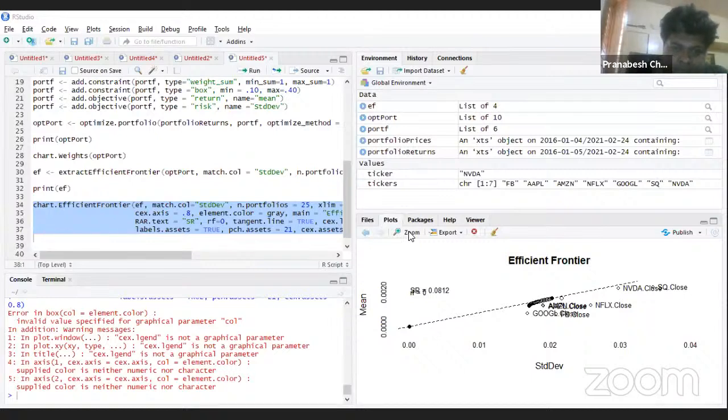If you see where the curve starts to get flattened out, that is the point that is your most efficient point, with the standard deviation and the mean corresponding to it. So this is your efficient frontier.